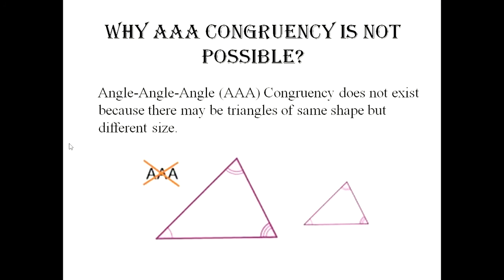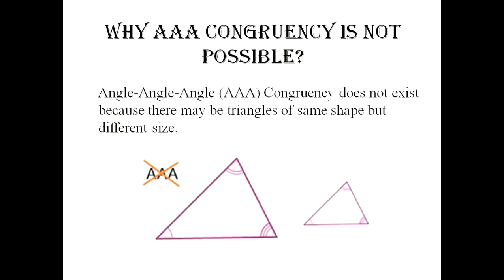Also, this angle in the first diagram and this angle in the second small diagram are both marked with double strokes, which means these two angles are also equal. And the third angle is marked with a triple stroke in the first diagram, and also with a triple stroke in the second diagram. So in both diagrams, the corresponding three angles are equal.